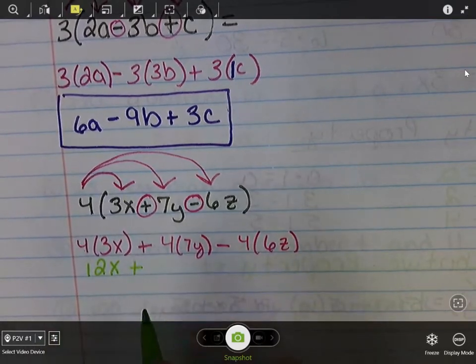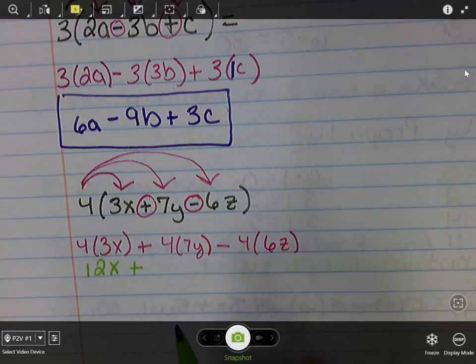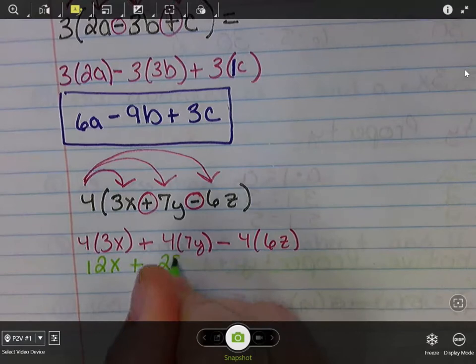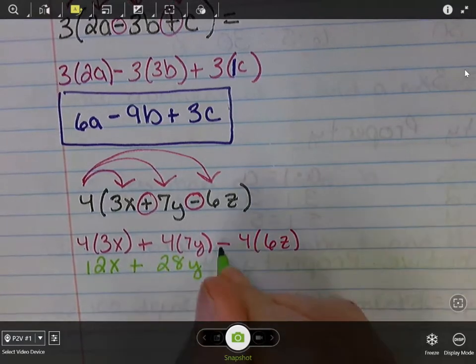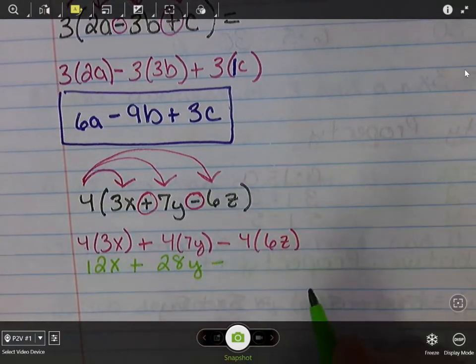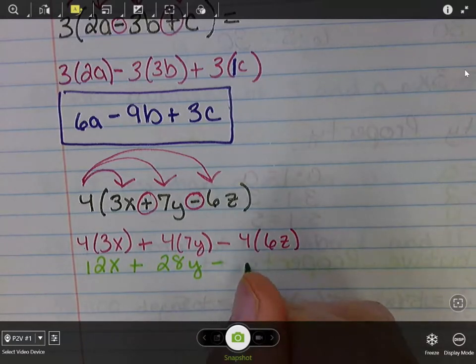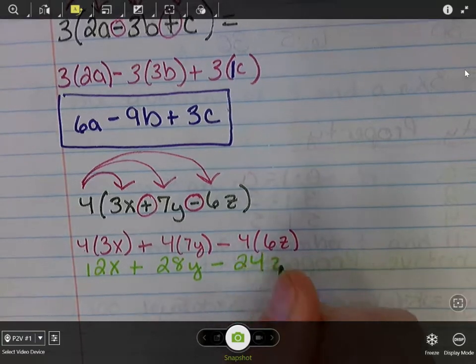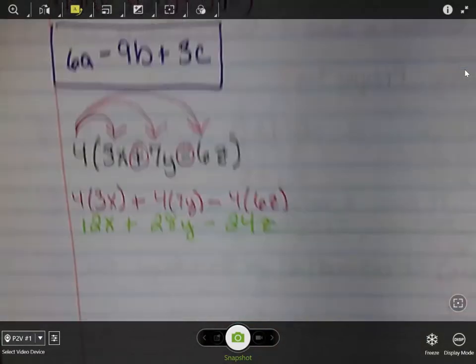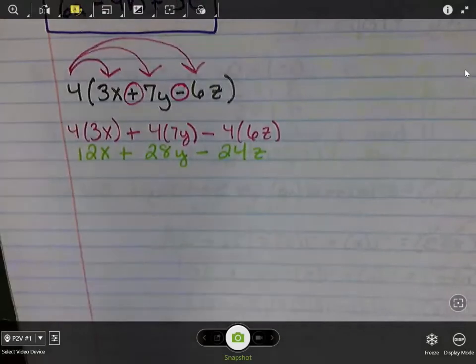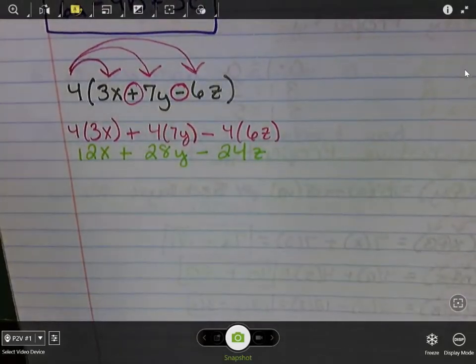All right, now this time, Chase, what's 4 times 7y? 28y. Minus. All right, what's 4 times 6z? 24z. Don't forget that z, 24z. Okay, so we got 12x plus 28y minus 24z.